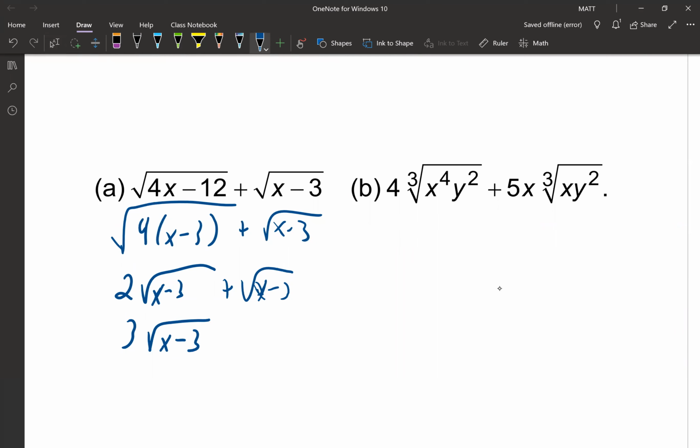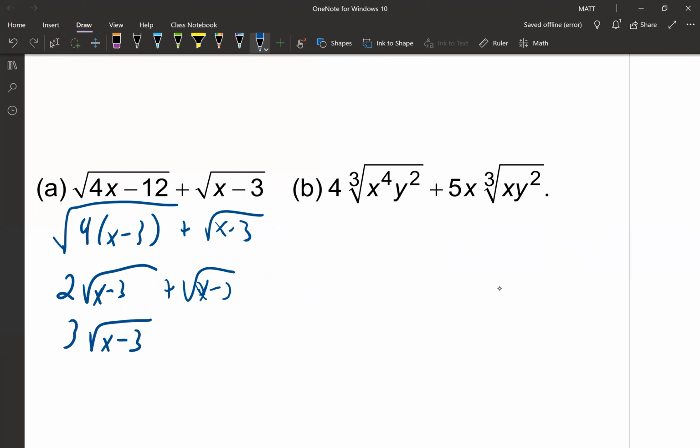Okay, let's look at b now. So b, we have 4 multiplied by the cube root of x to the 4th y squared, plus 5x cube root of x multiplied by y squared. So notice that we can split this x factor here into x to the 3rd and x.